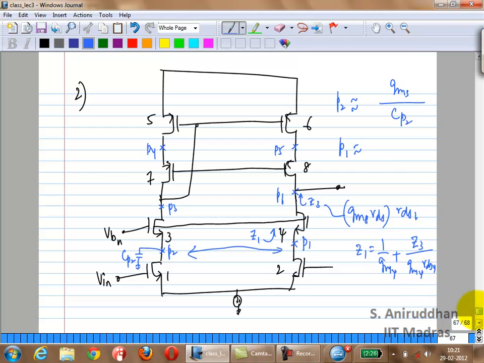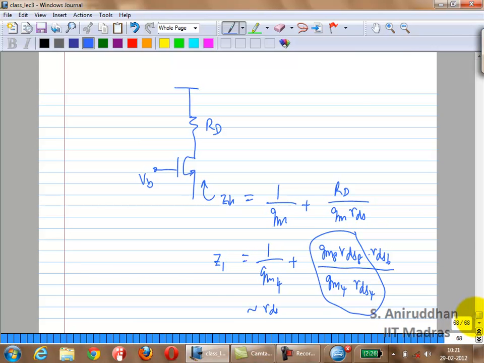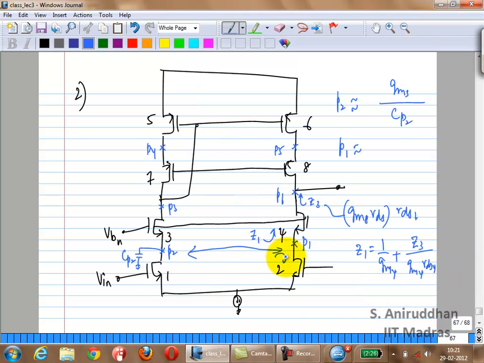And that's what I've actually written here. Yeah, so this is Z3 over GM4 RDS4. And this is of the order of RDS. What do you have looking in down here? Another RDS. Correct?